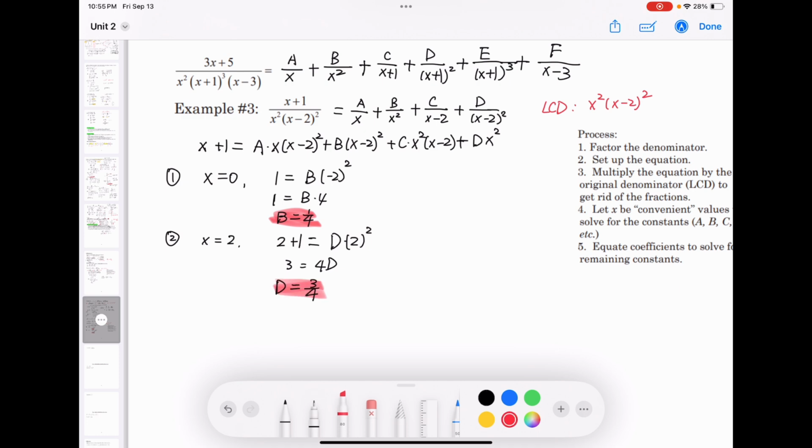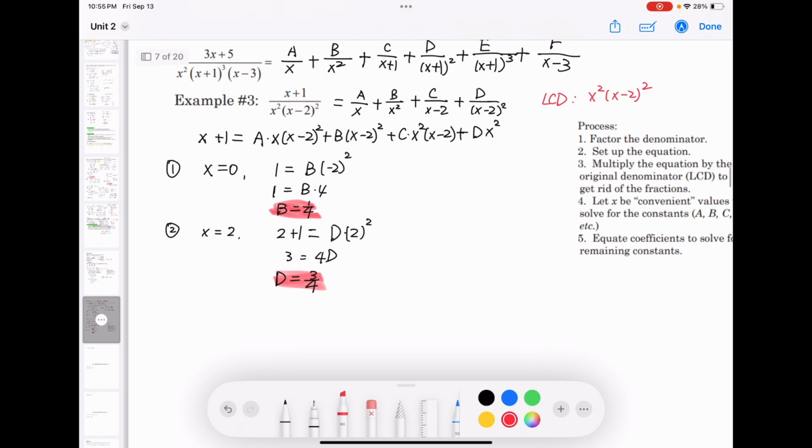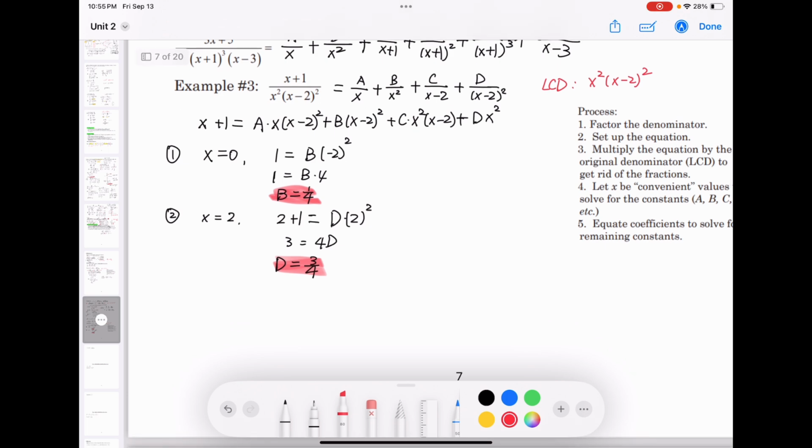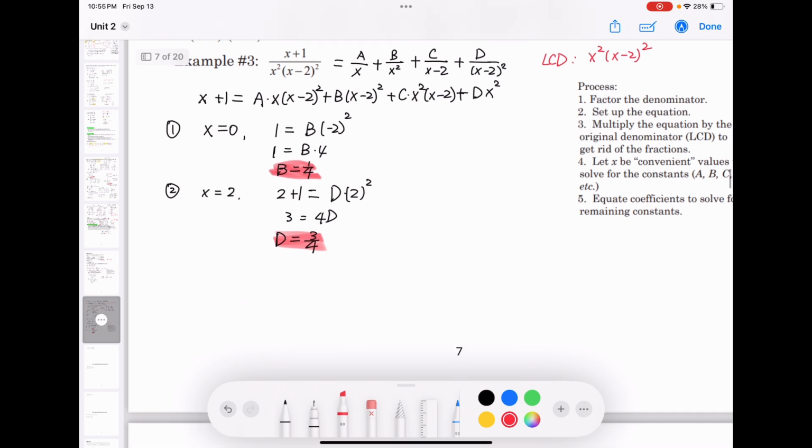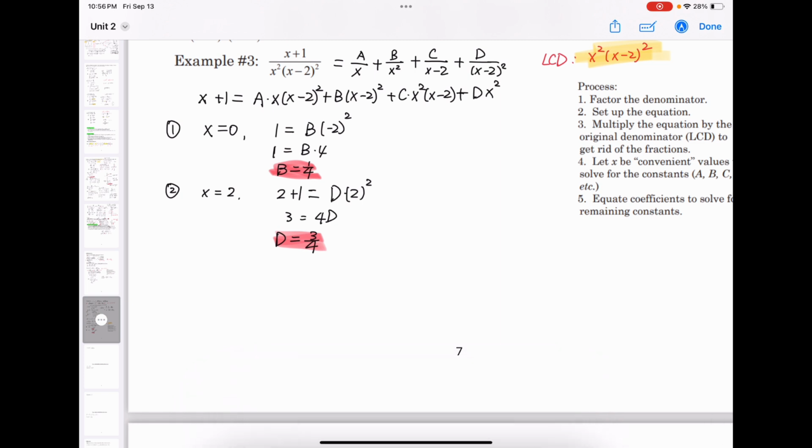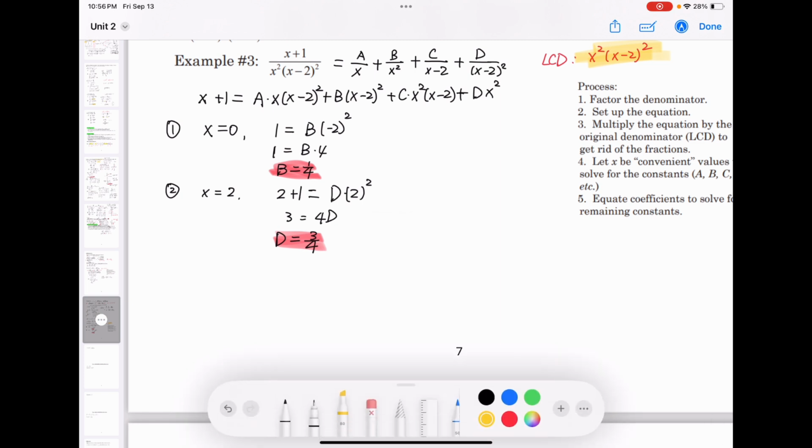And then let's keep finding a and c. But from the expression, we do not have other factors. You see the factors of the denominator: x, x squared, and x minus 2 squared. I don't have other convenient values.